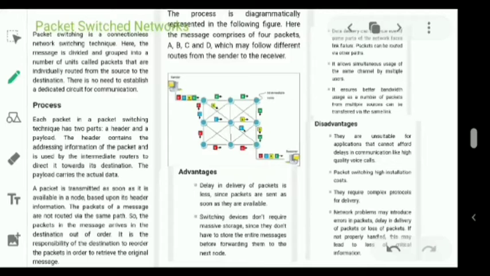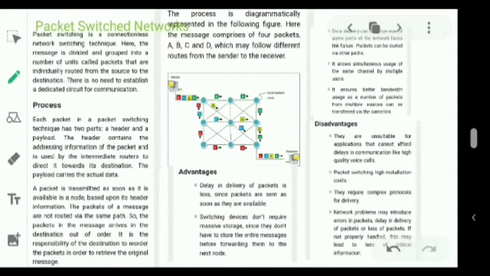The packets are sent over the network node to node. At each node, the packet is stored briefly and then routed according to the information in its header. Each node checks the destination address and then passes it on.